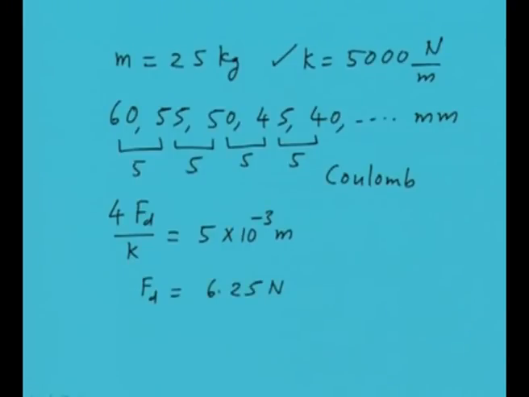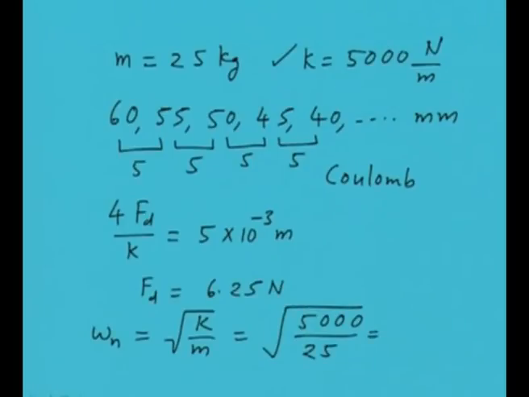This is the damping force. Now, the damped natural frequency in the Coulomb damping case is the same as the undamped case. The stiffness is 5000, the mass is 25 kg, so this gives 14.14 radian per second as the natural frequency of the system.